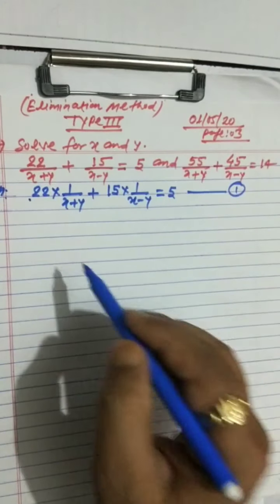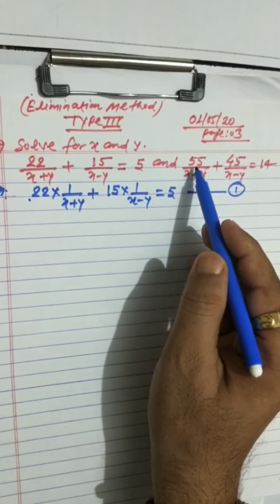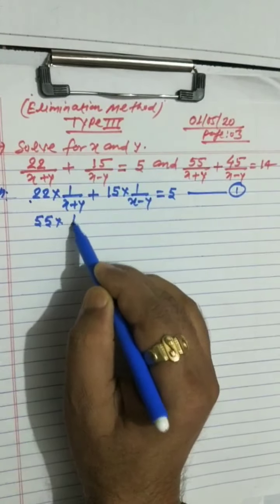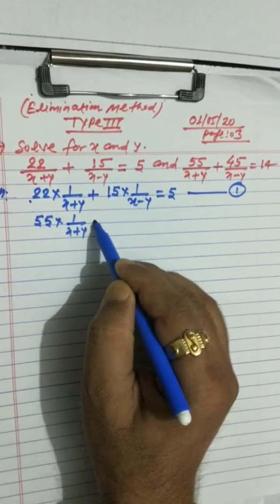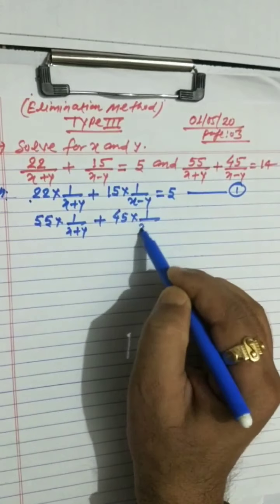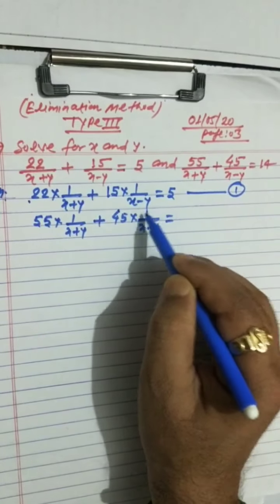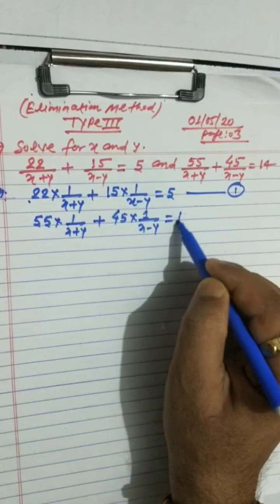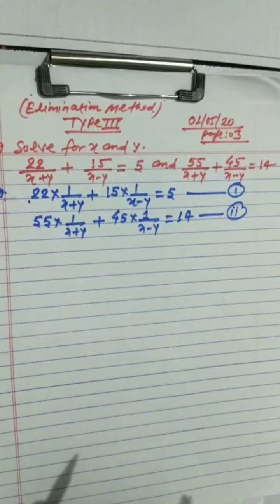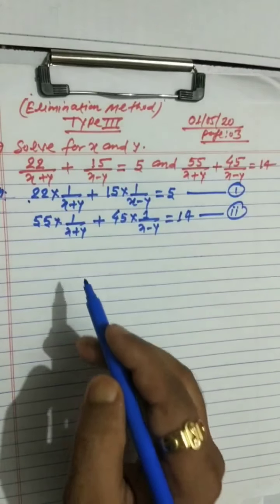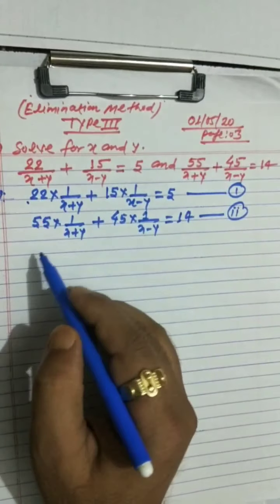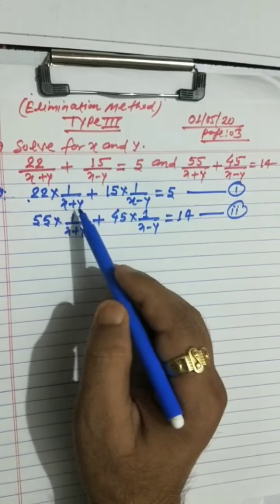This is your equation first, and similarly this can be written as 55 multiplied by 1 by x plus y plus 45 multiplied by 1 by x minus y is equal to 40. This is your equation second. So these types of questions can be solved in two different ways. Let us first solve it by putting the value of 1 by x plus y.